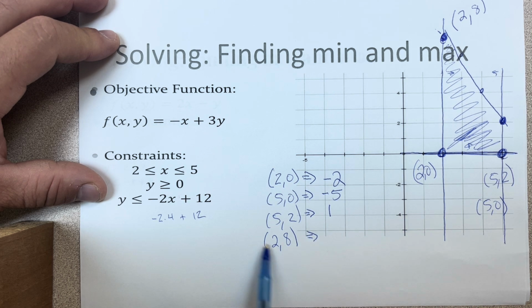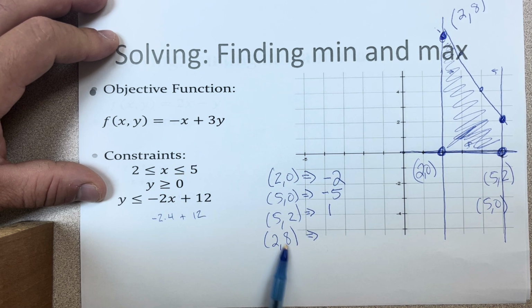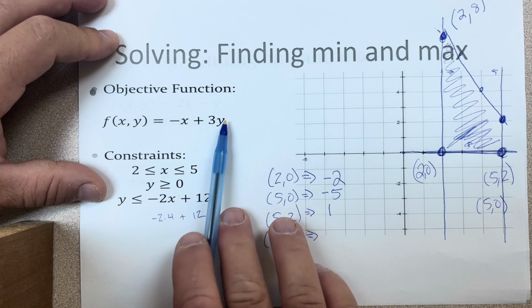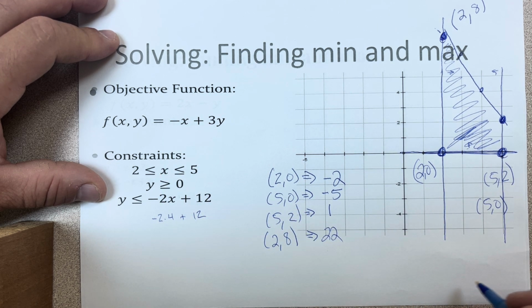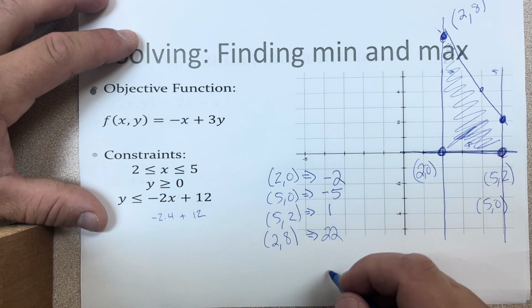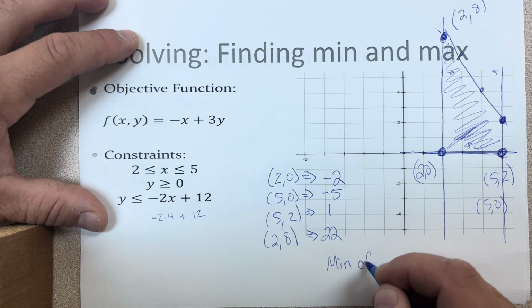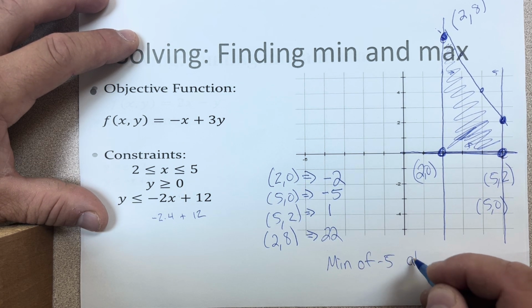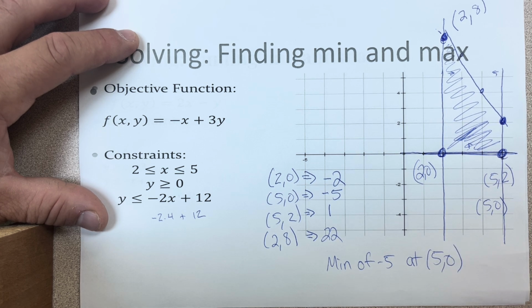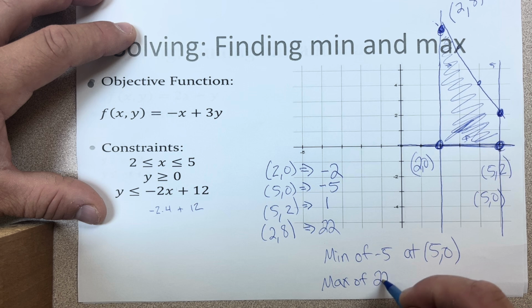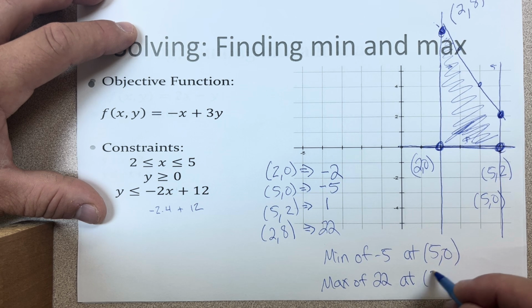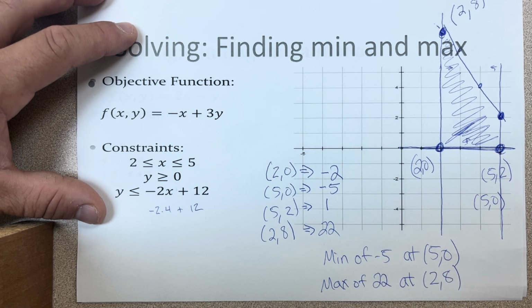And here, we'd have negative 2 plus 3 times 8, so 24. 24 and negative 2 would be 22. So once again, how would we answer our question? Well, we have a minimum of negative 5 that occurs at the point 5, 0. And then we have a maximum of 22 that occurs at the point 2, 8. And that's what we're working on today.